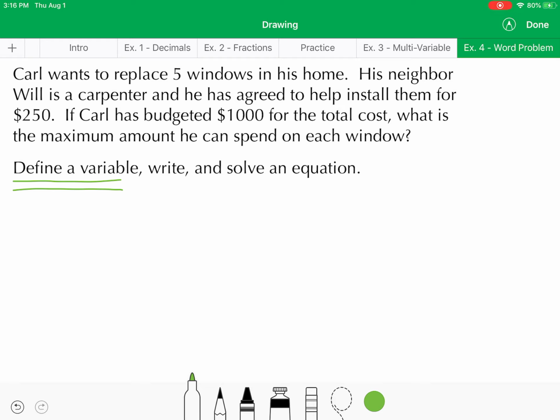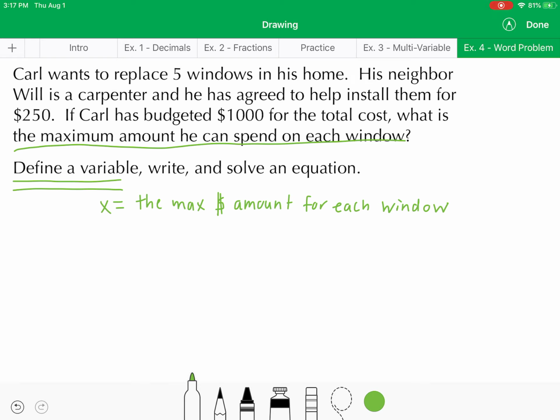So notice it says, what is the maximum amount he can spend on each window? So I'll just use x as my variable. I'm going to define that to be the maximum dollar amount for each window. Okay.